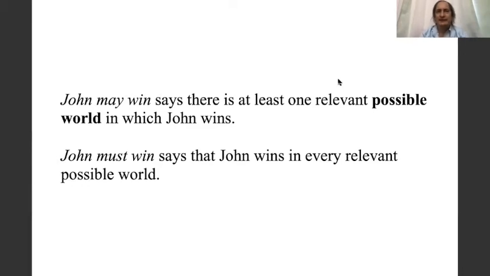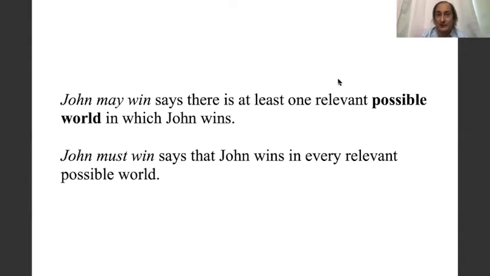We're going to give a general analysis of modal statements that depends on possible worlds. In particular, our basic idea for a possibility modal, like John may win, is going to be that there's at least one relevant possible world in which John wins.